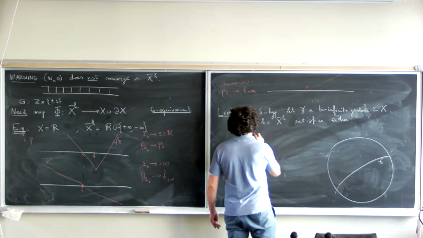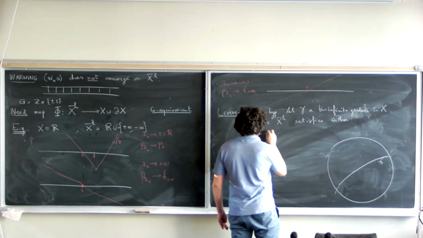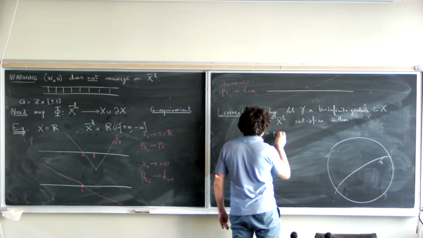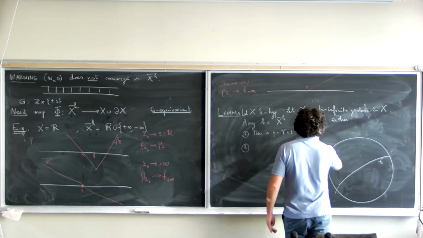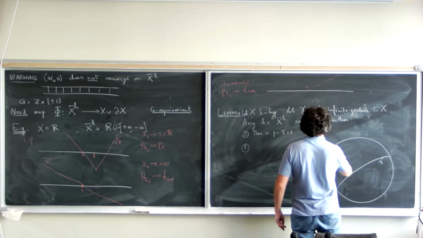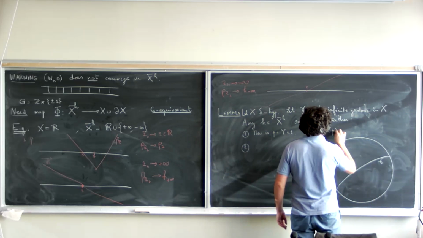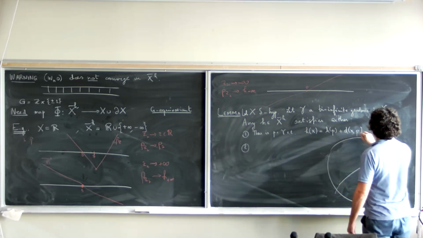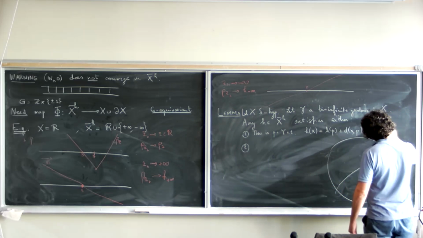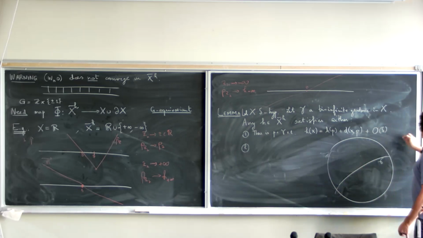So either there is p in gamma such that h of x is h of p plus the distance from x to p plus O of delta, for every x in gamma.